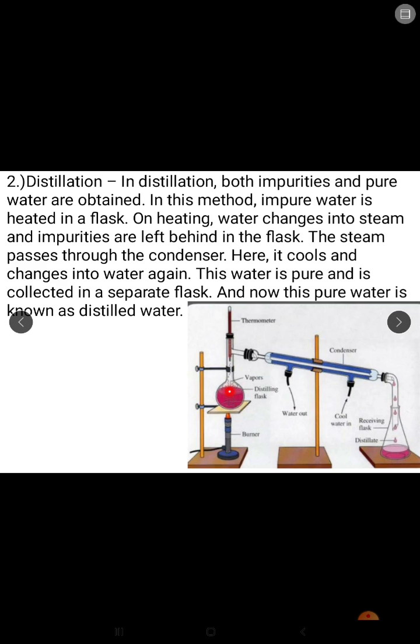So this process is known as distillation. The process of boiling water, condensing the vapor and collecting the condensed liquid is known as the distillation process.